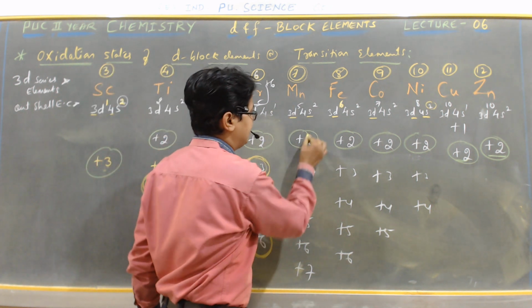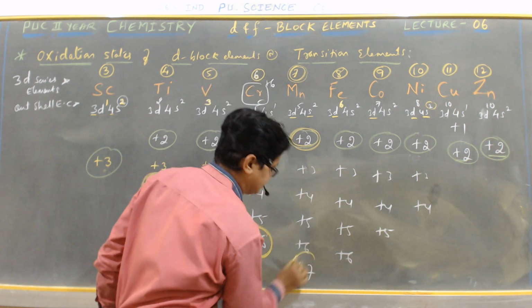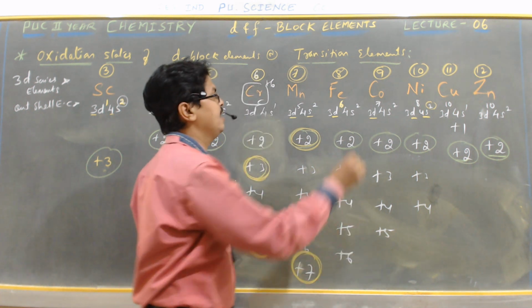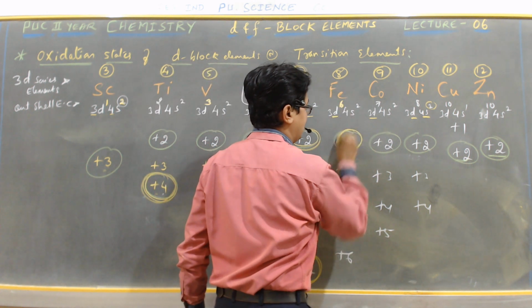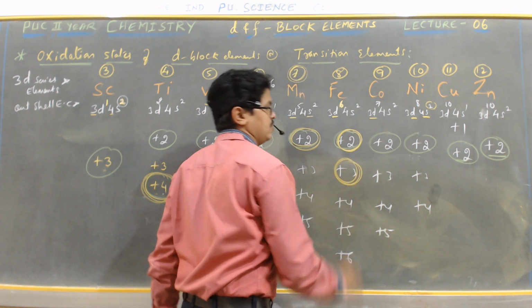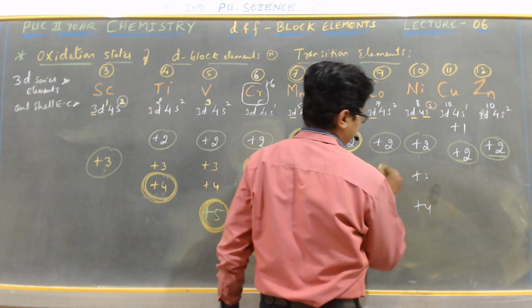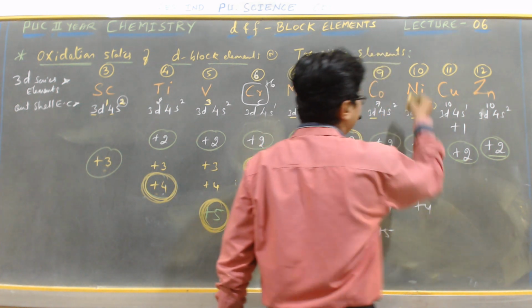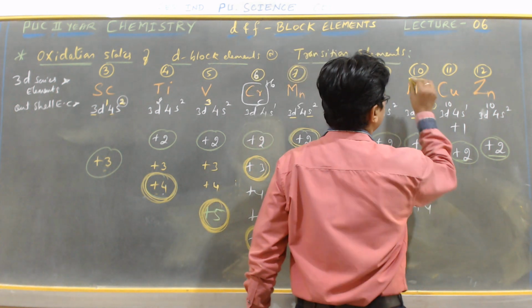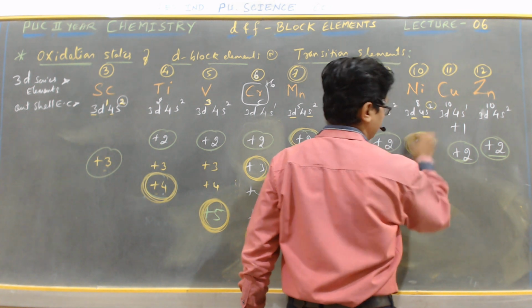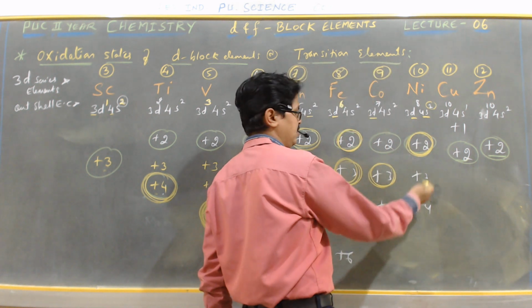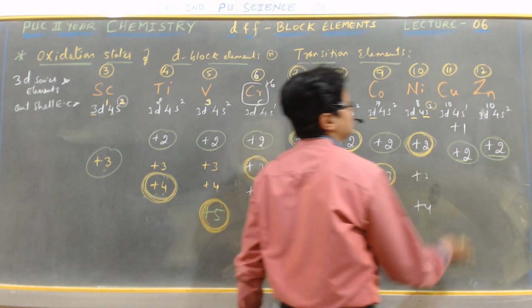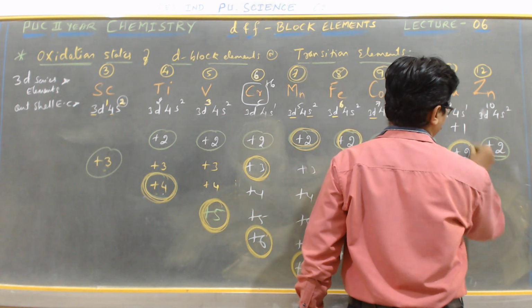Manganese plus 2 and plus 7. Iron plus 2 and plus 3. Cobalt plus 3. Nickel plus 2. Even though it forms plus 3 and plus 4, they are not stable; plus 2 is stable. Copper plus 2 only.